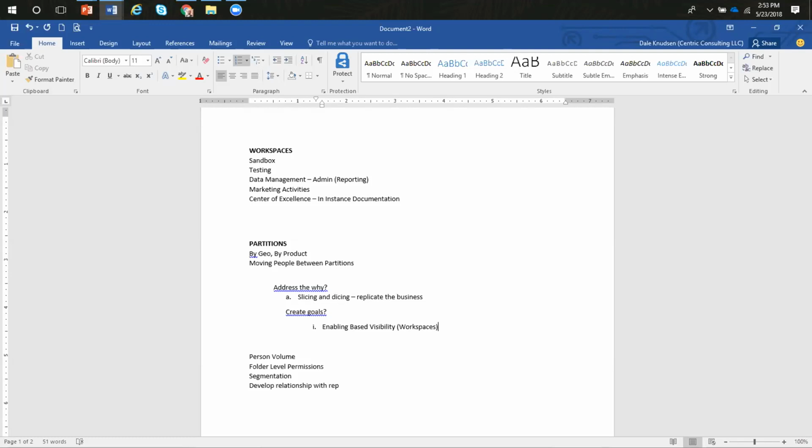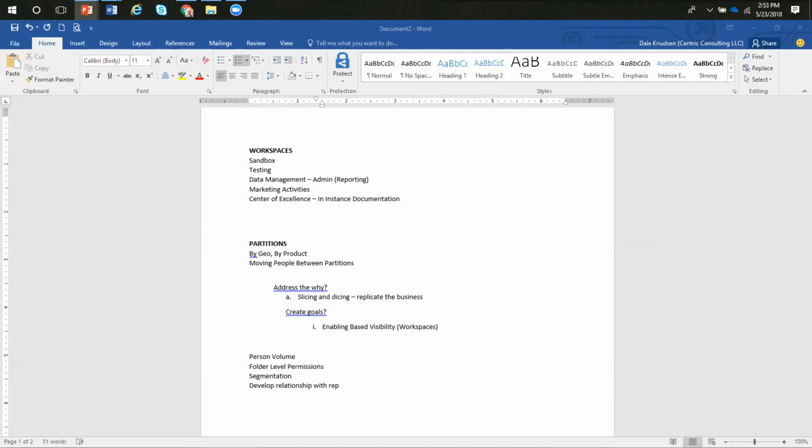In these companies, one group purchased it and then another group purchased it, and none of them were tied together. So I suggested to the client that they look at merging into one instance and purchasing Workspaces versus having a bunch of disparate instances.